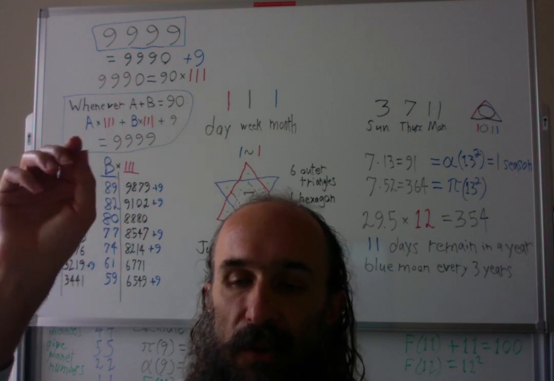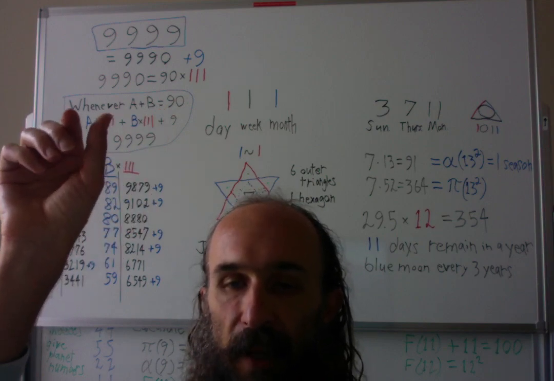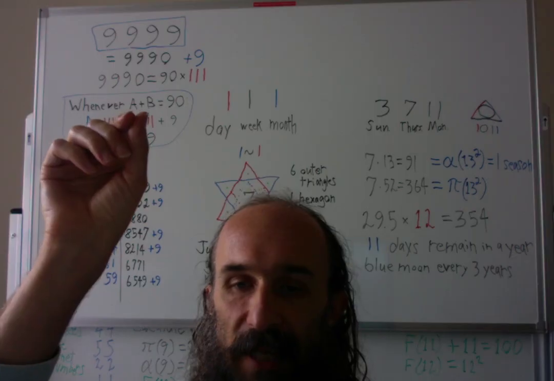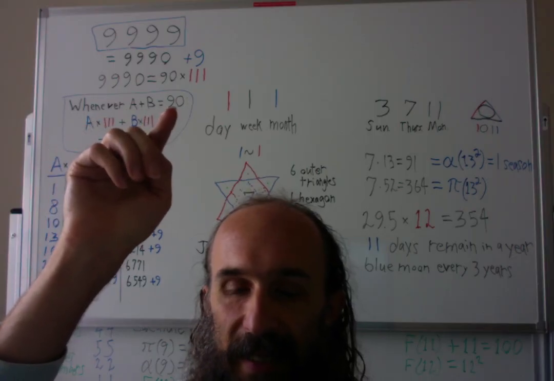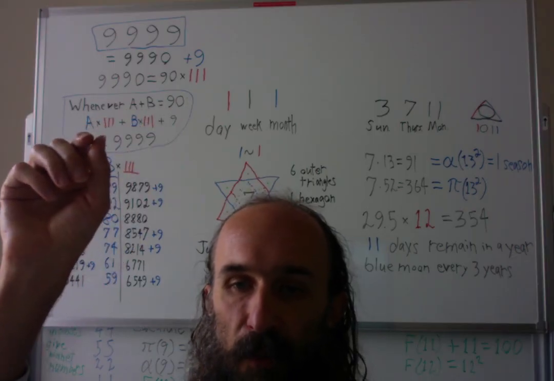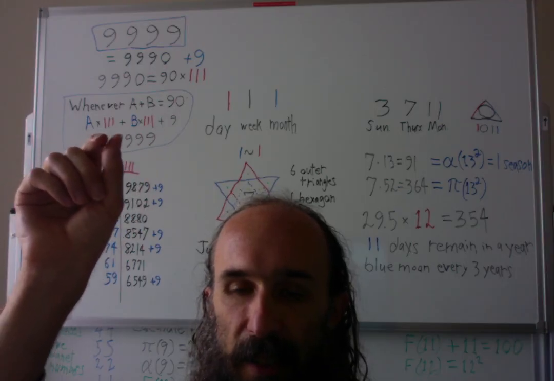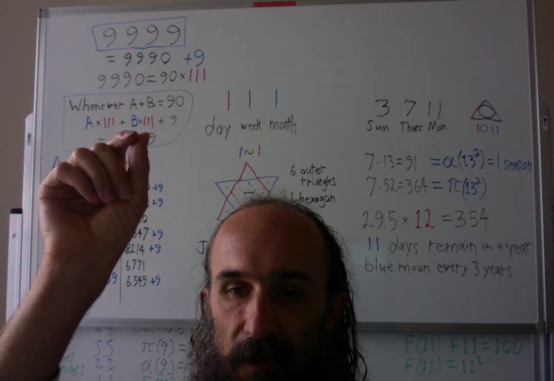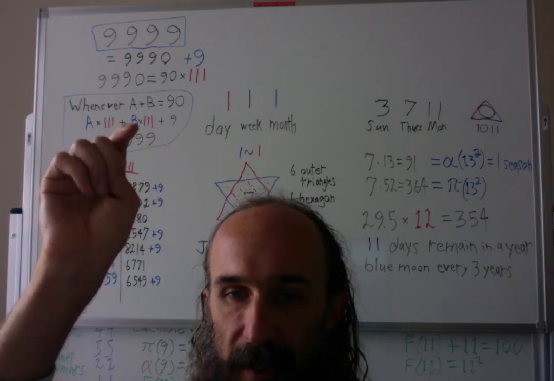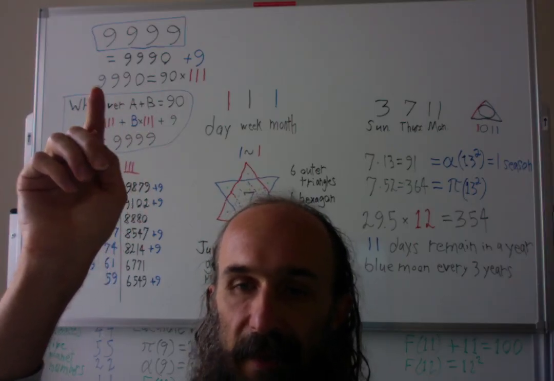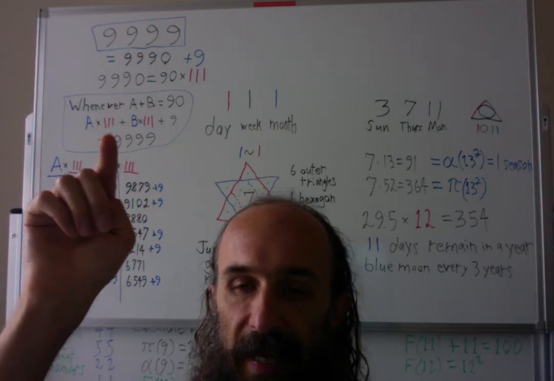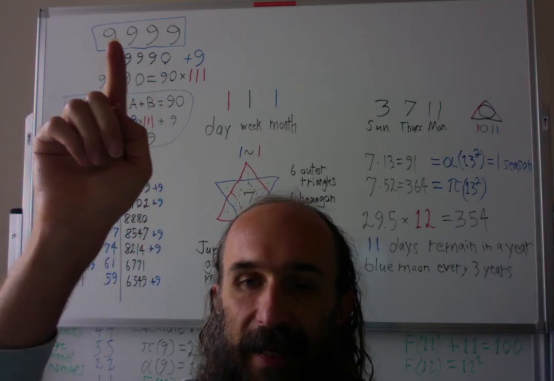So let's use this very basic principle that whenever two numbers A and B add up to 90, we can multiply each of them separately by 111. A times 111 plus B times 111 will be equal to 9,990, and then when we add 9 to that, we get 9999.